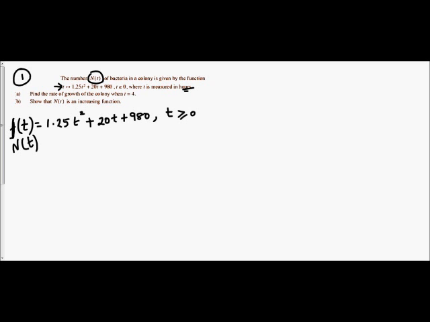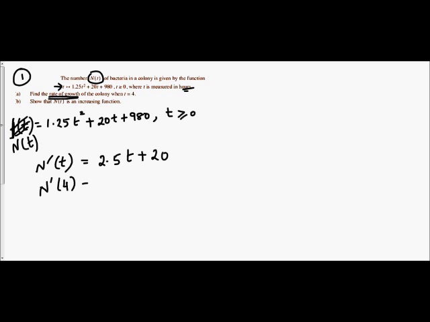And the first question is, find the rate of growth of the colony when t equals 4. Now the word rate of growth means the derivative of the function N of t. Let's call it N of t because it's given as N of t in the question. So the derivative of the N of t function is going to be the rate of change of the function. So N dash of t here would be 2.5 t plus 20, and you need to find this at t equal to 4.